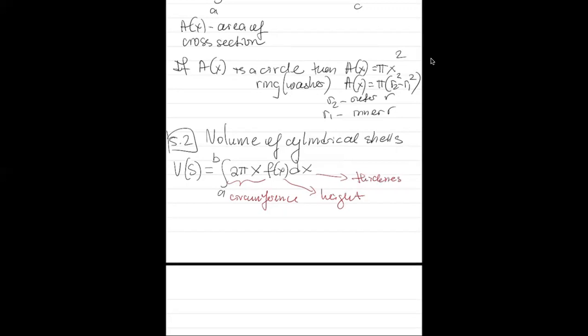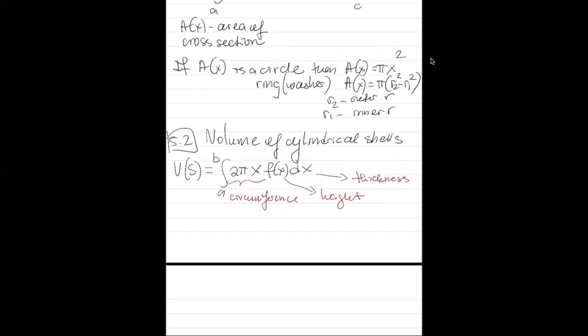And our formula for volume of the solid is integral from A to B of 2 pi x f of x dx, which we like to remember as circumference. F of x is height if the solid is resting on the x-axis, and dx is the thickness of your shell. And this is the formula we use if the axis of rotation is vertical.